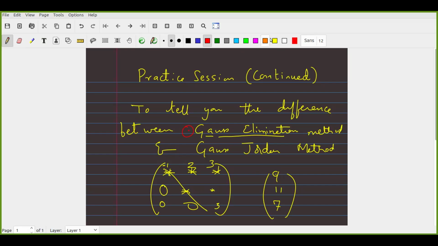That is the Gauss elimination method. But in Gauss-Jordan method, what we get is the reduced form, which will be an identity matrix. That means you will have 1, 0, 0, 0, 1, 0, 0, 0, 1. So you can directly say that 1 times z is equal to something, so you get the value of z. 1 times y is equal to something, so y you'll get. 1 times x is equal to something.